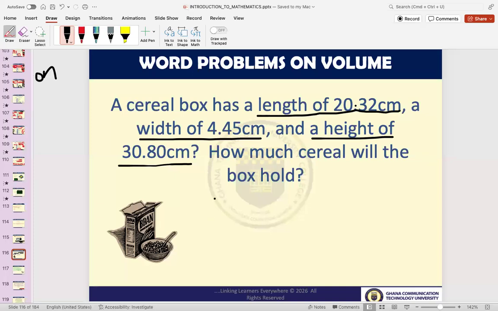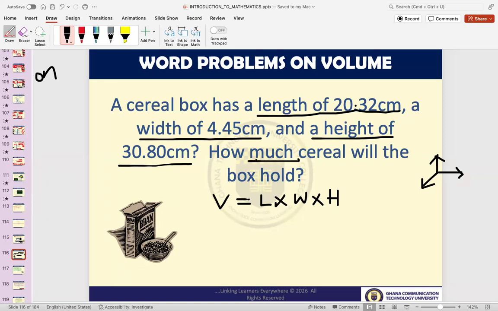Now we know that volume is given as length times width times height, 3D. We expect 3 directions. So this direction, and that direction, 3D. And we are being asked to find how much.